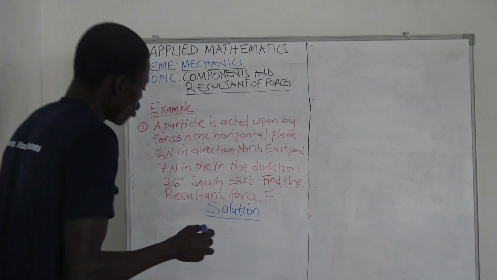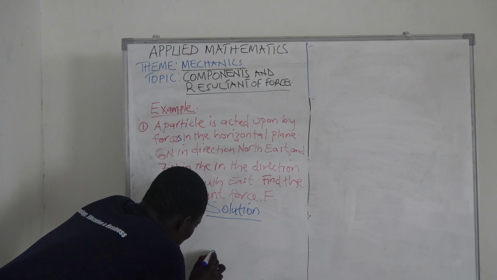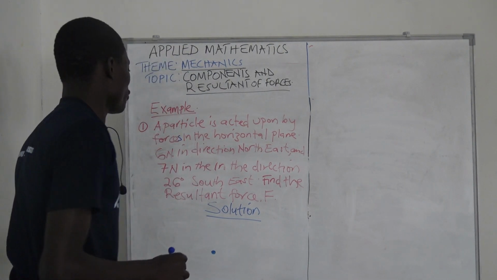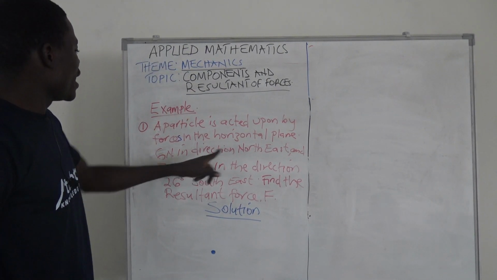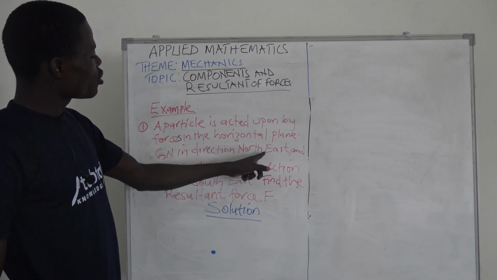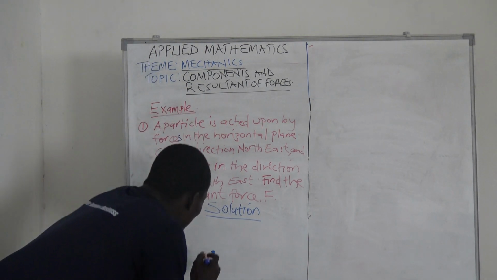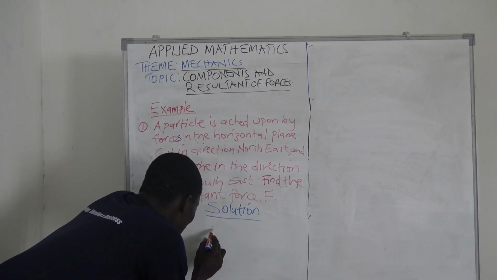We have a particle. It is acted upon by a force of 6 Newton in the direction of northeast. Which one is the direction of northeast? This is our compass.